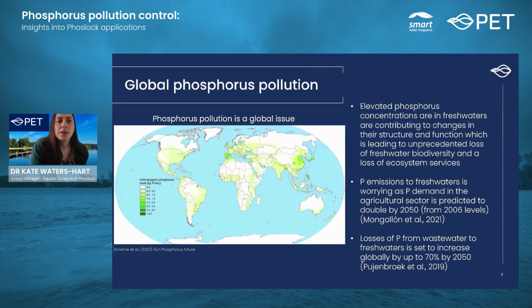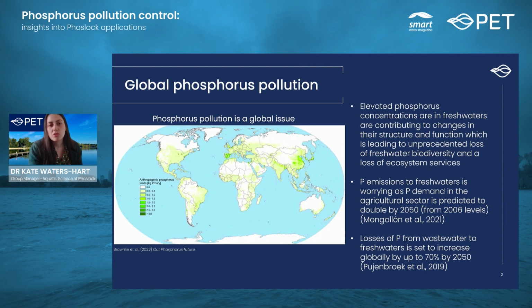Okay, so global phosphorus pollution is happening everywhere. You can see from the map there where anthropogenic phosphorus pollution loads are heavily based. Unfortunately, phosphorus concentrations lead to changes in the structure and function of water bodies, which ultimately leads to biodiversity loss and loss of ecosystem services.